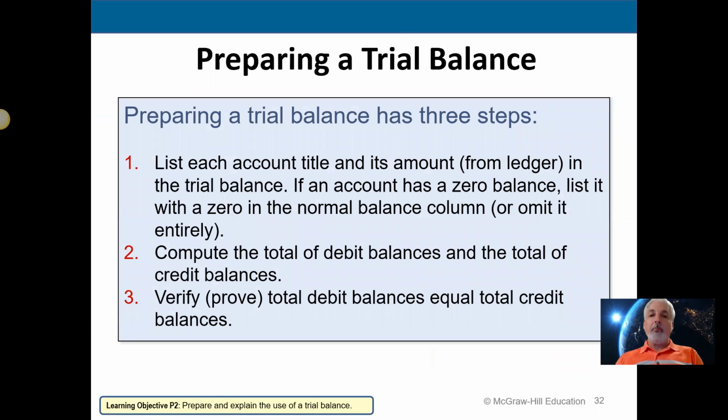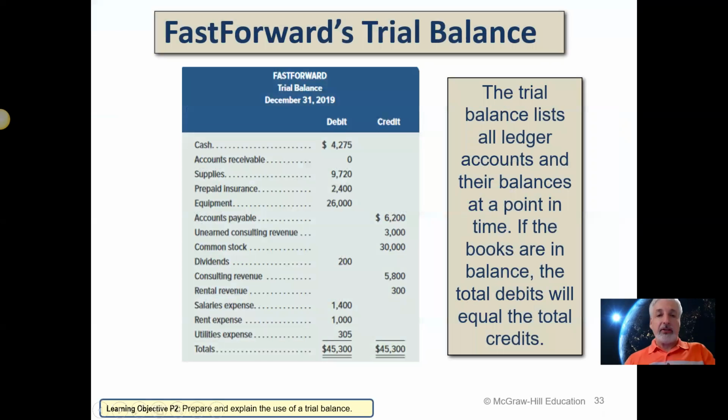How do we prepare a trial balance, which is a list of all the accounts with all the dollar amounts listed down, left balances and right balances? We'll list each account. If the account has zero balance, list it with a 0, it's okay. Compute the total debits, total credits, and then verify that the debits equal credits. So here's a trial balance. Cash, receivables, supplies, all these debit balance things.